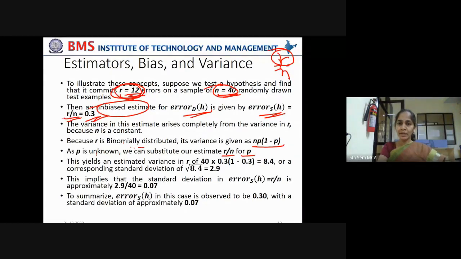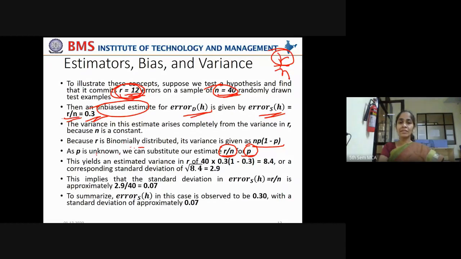How is your sample error calculated? R by N. What is your true error represented as? P, the probability of the new instance being classified wrongly. That is P. Now, can you equate these two? Because you are interested in an unbiased estimate, so that your sample error is equal to your true error. So equate these two. R by N can be substituted for P.